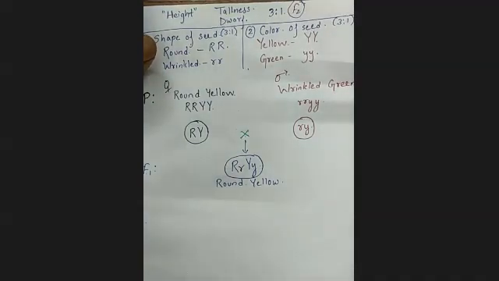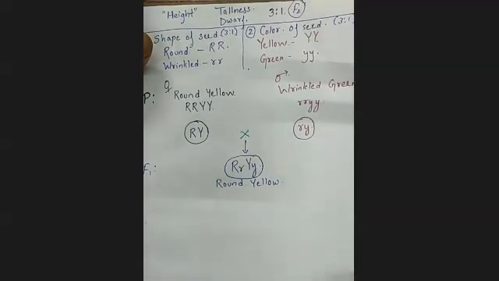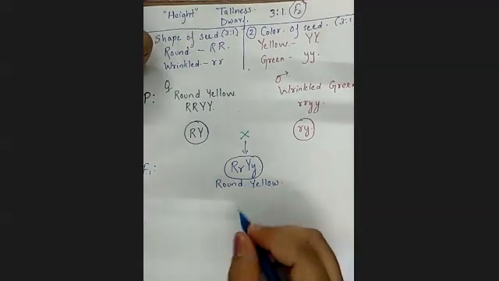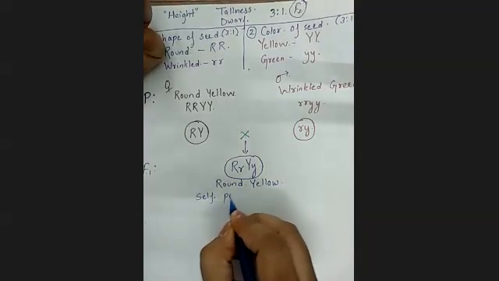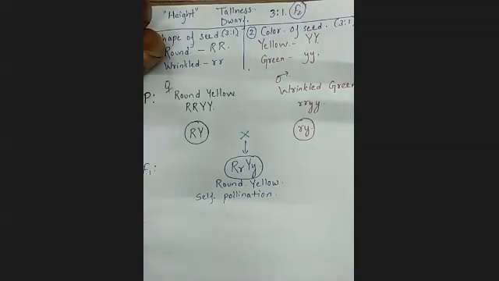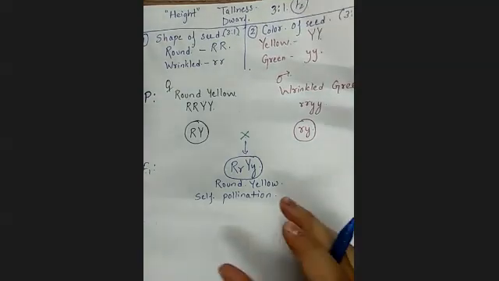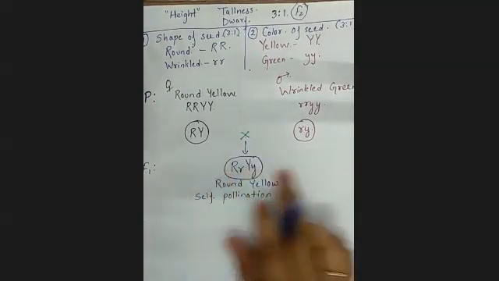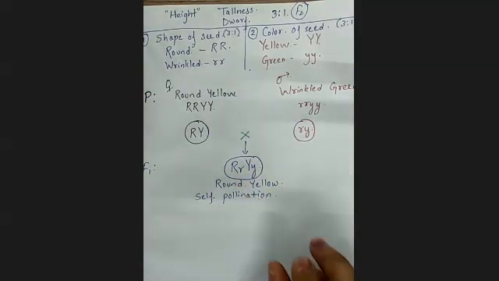Now he decided to allow self pollination for these plants. I think you must be aware of the word self pollination. Yes, ma'am. Fine. So out of these n number of plants, he took one male plant and one female plant.